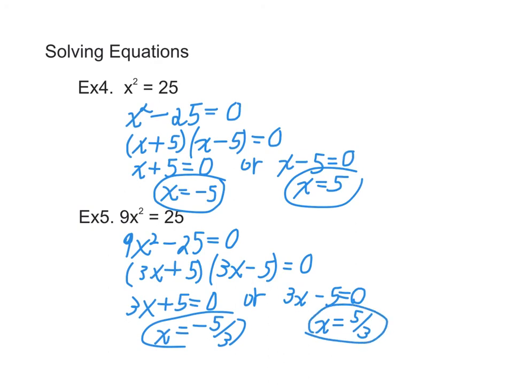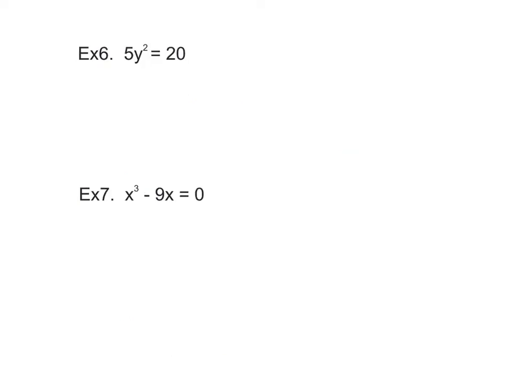Let's do two more equations that are a little bit more complex. Same thing is true on this next one. I'm going to move the 20 to the left-hand side. But now, just like some previous examples, it doesn't look like a difference of squares.